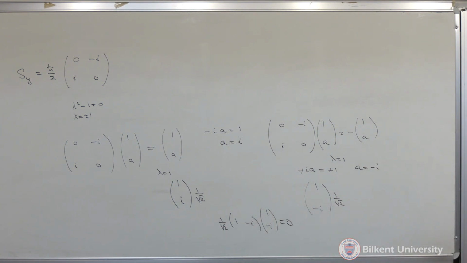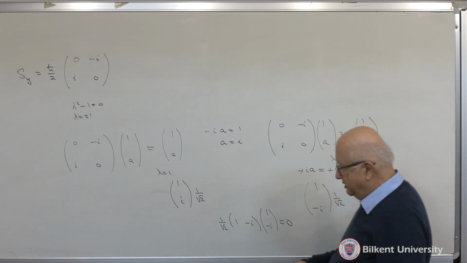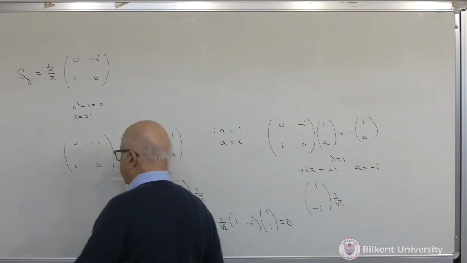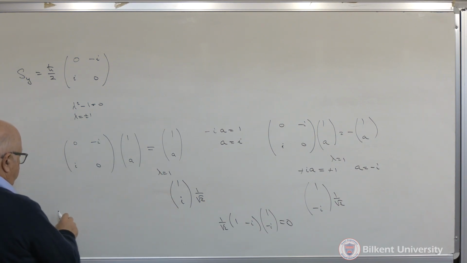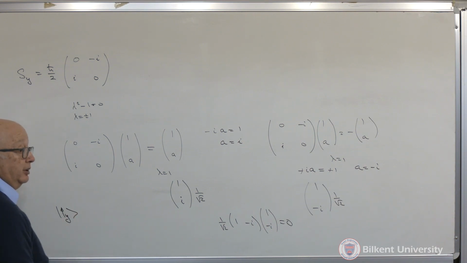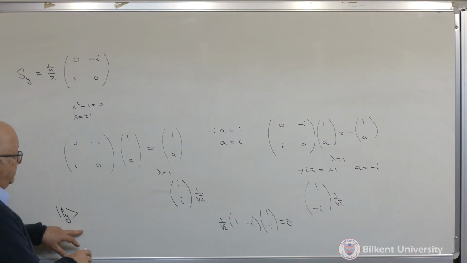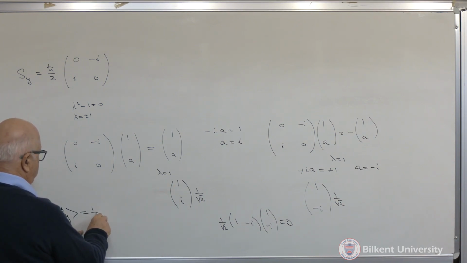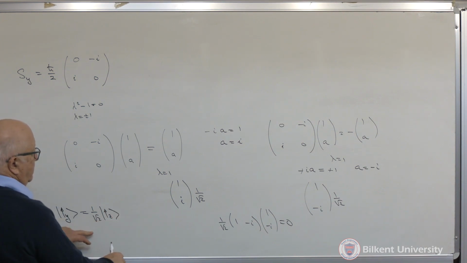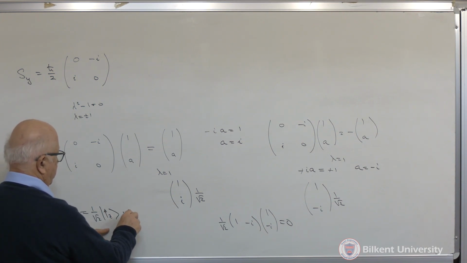All right, so you see now I can construct these things also out of the up z and down z. So this corresponds to, over here, an up y object. An up y object is equal to 1 over root 2 up z plus i over root 2 down z.